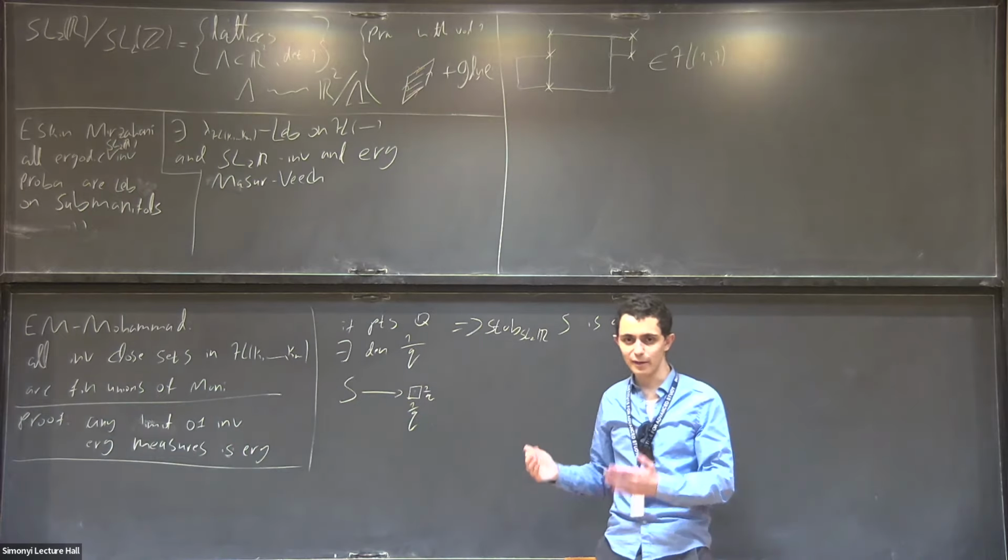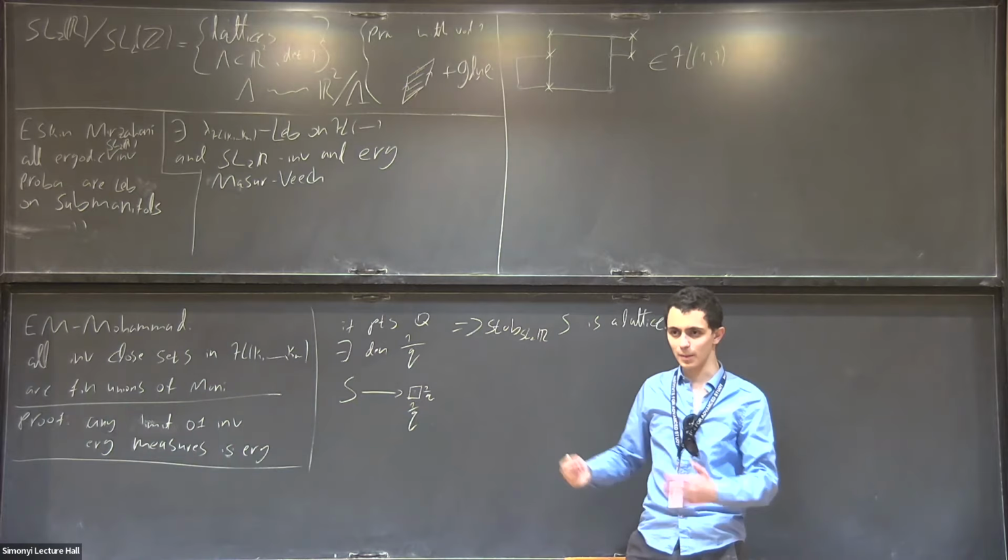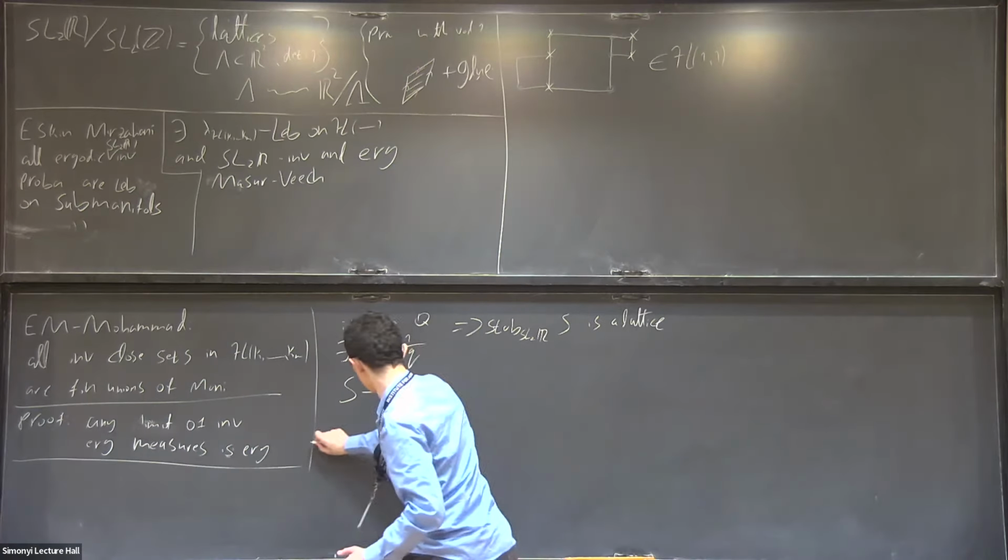Okay, so we can ask, are these all the examples of lattice orbits? I'll give two results of McMullen.